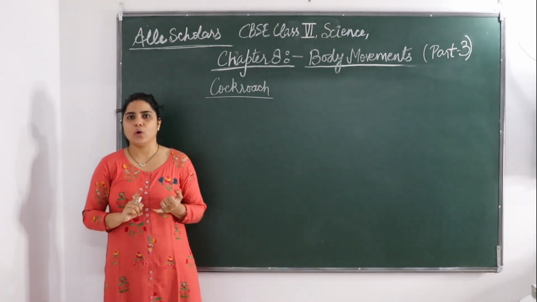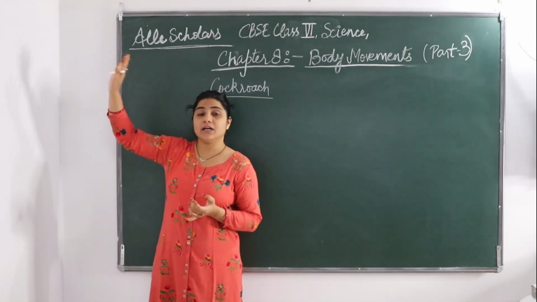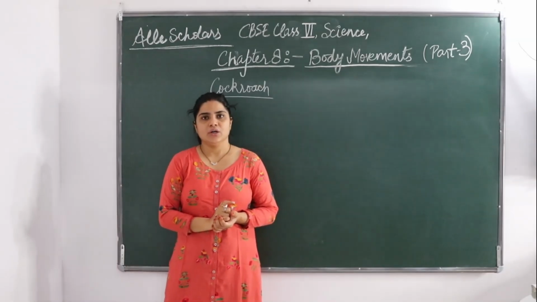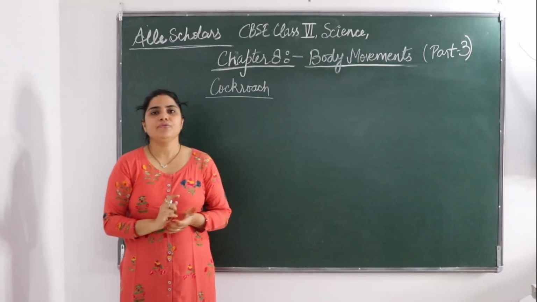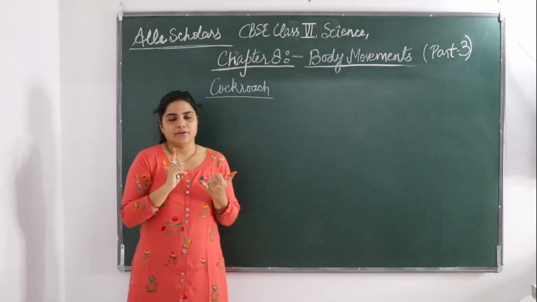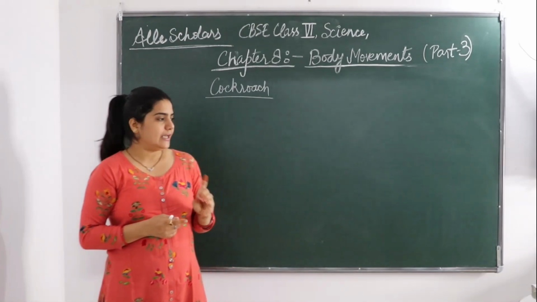You have seen these cockroaches walking, they can climb. You must have seen that they are climbing even on the walls. And sometimes you have seen that these cockroaches can also fly in the air. So they can climb, walk and fly in the air.